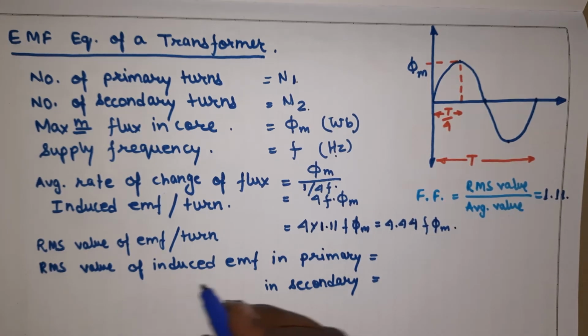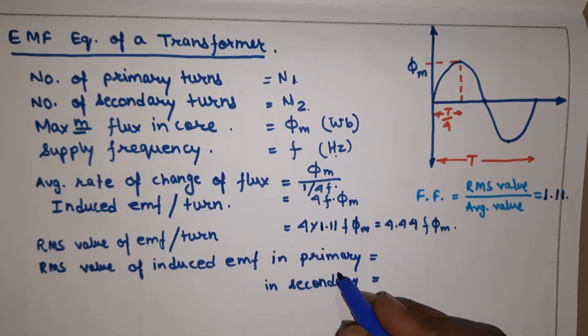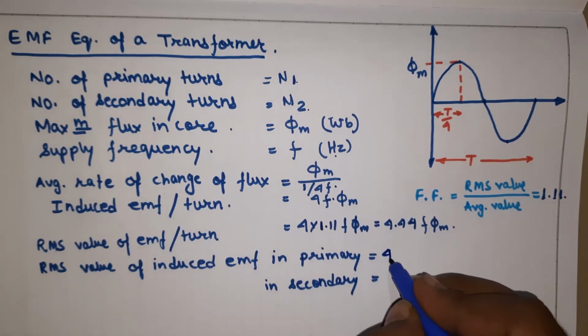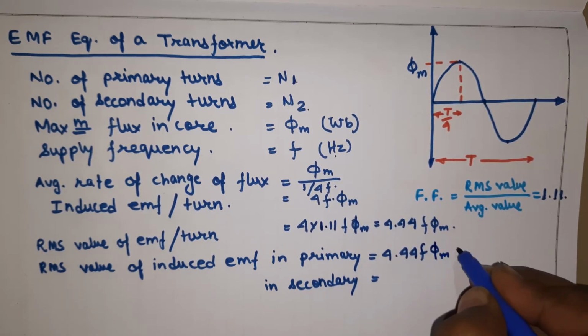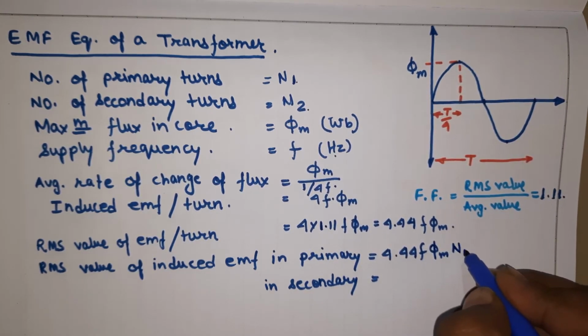Now the RMS value of induced EMF in the primary will be equal to 4.44 f Φm into N1.